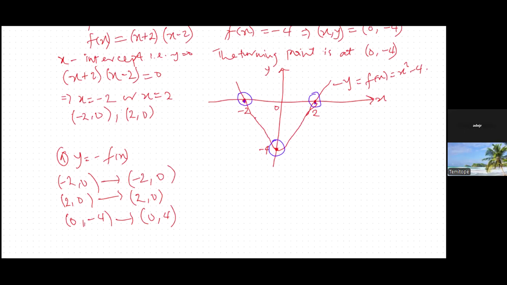Then you now have (0, 4). So 4 will be here. So (0, 4) is here. So the curve will now go this way. Is that clear? So this is now y equals -f of x.